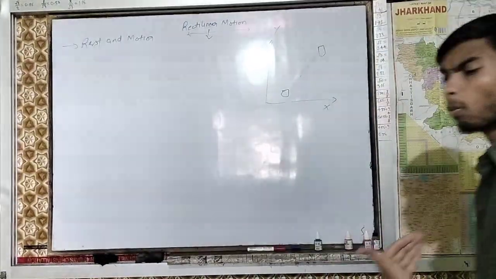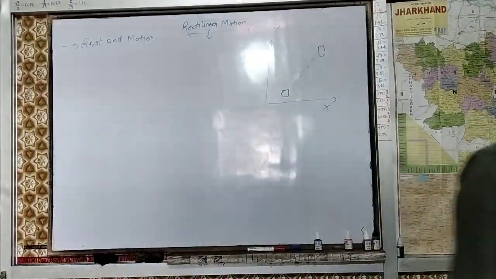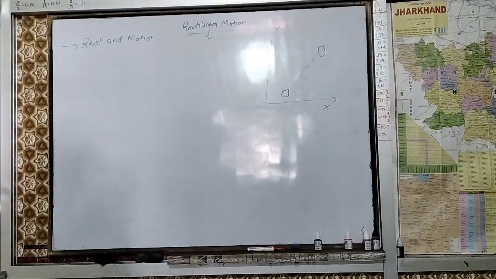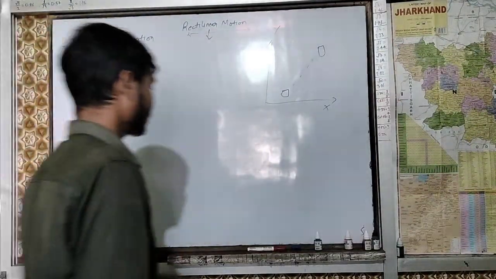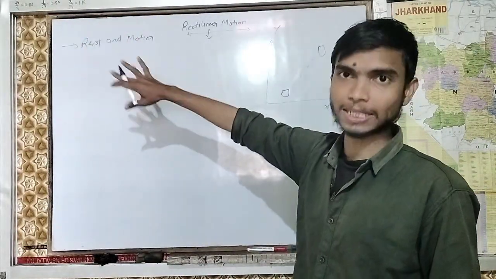But what if it is just the opposite? Then you would say yes, the object is at rest, meaning the body is not changing its position with respect to time. Clear? So I hope you have understood rest and motion.